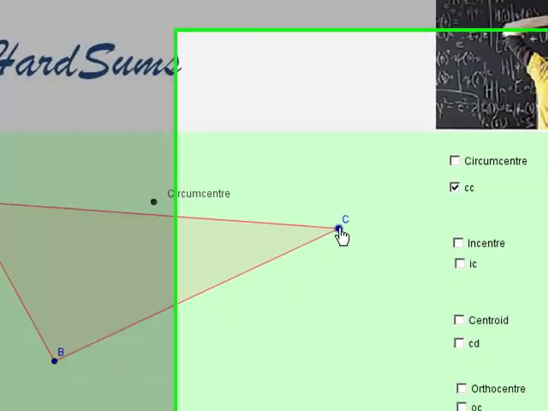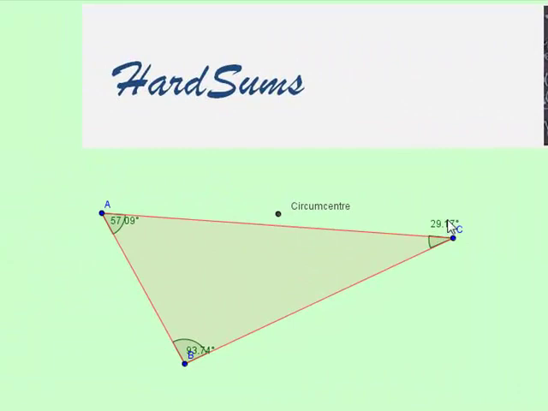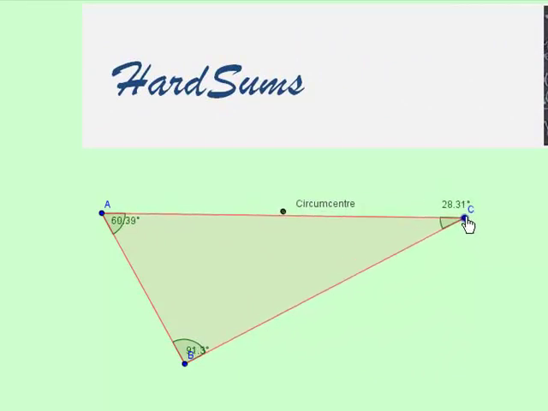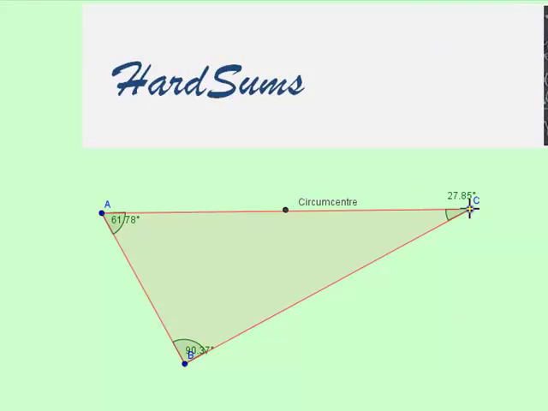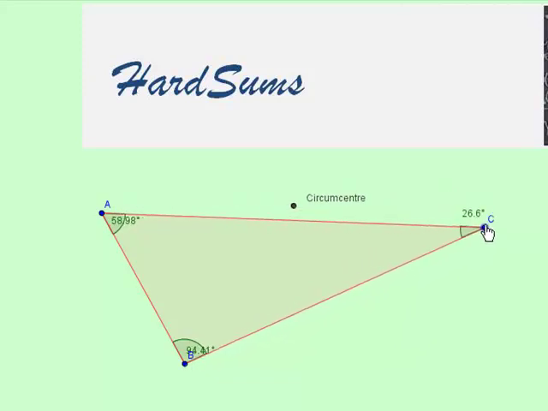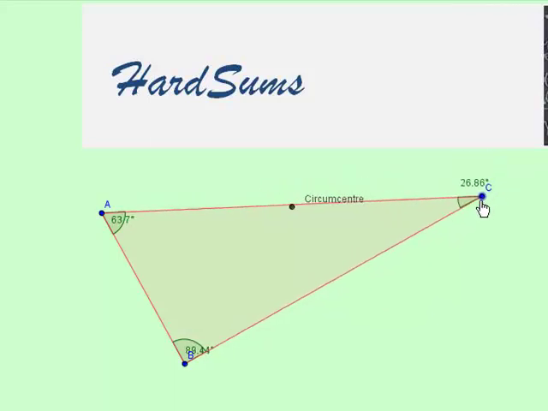We can see this more clearly if we just turn on the angles. And now we can see, hopefully, that the circumcenter seems to be on the triangle when the opposite angle is 90. If the angle goes above 90, the circumcenter goes outside. If the angle is less than 90, the circumcenter is inside.